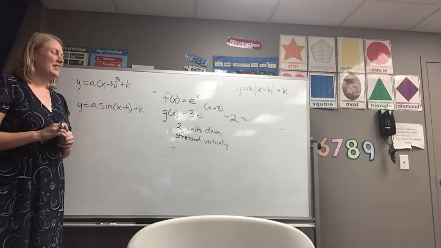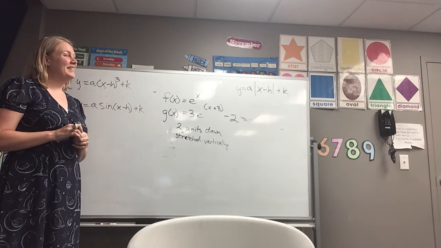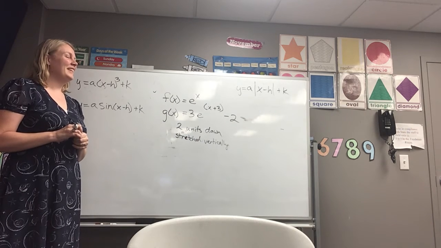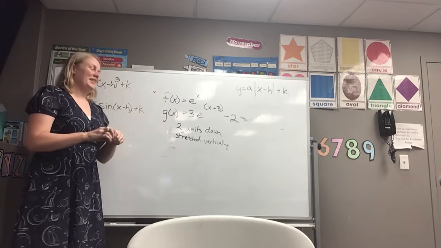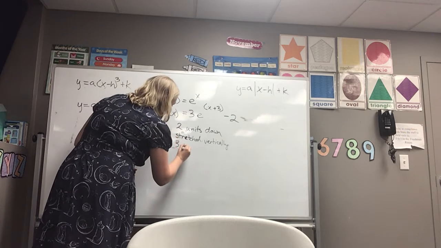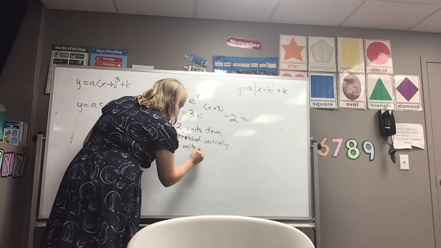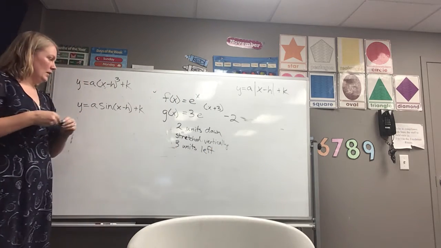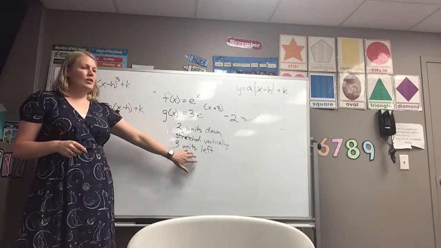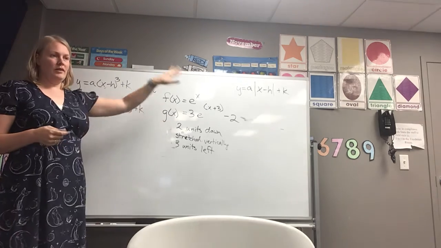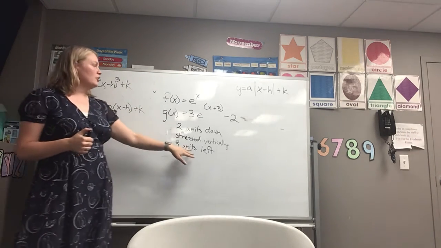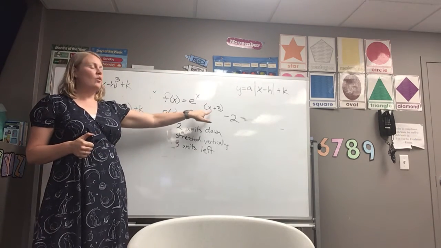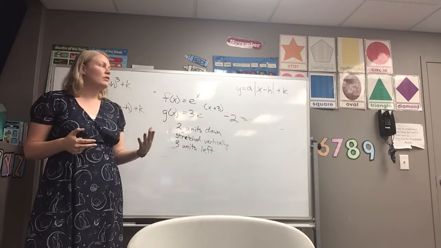Three units right, all right, left, because it's positive. It does the opposite. So, left and right, no matter what the function is. Left or right is when you change it before the operation of the function.